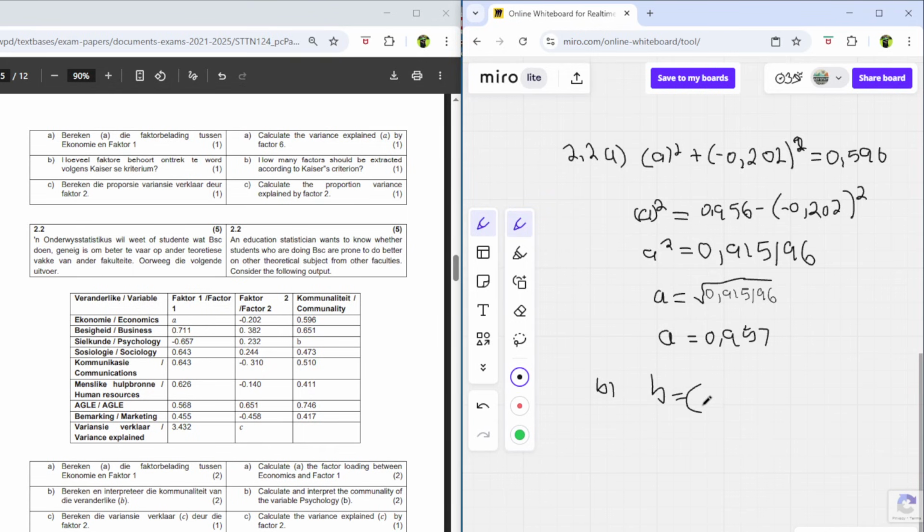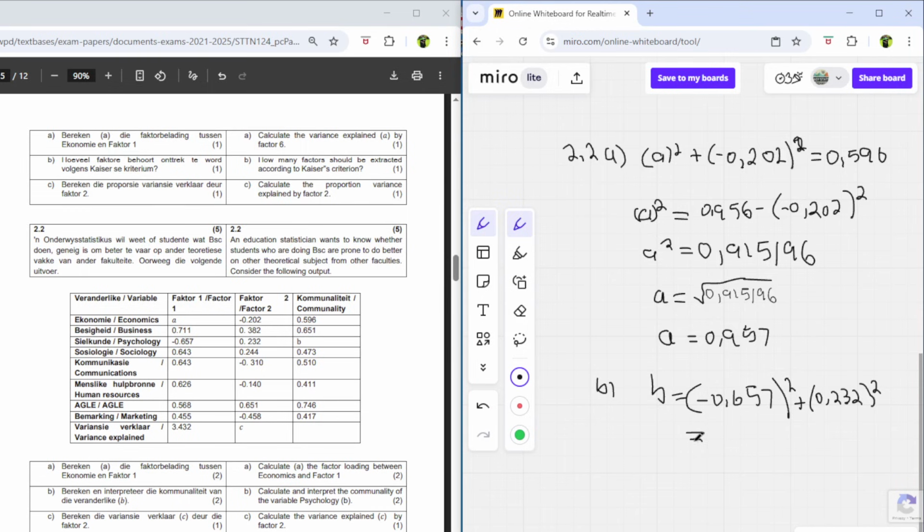So we're just going to say minus 0.657, squared, plus the other one is 0.232 squared.